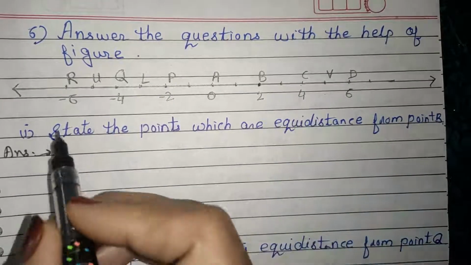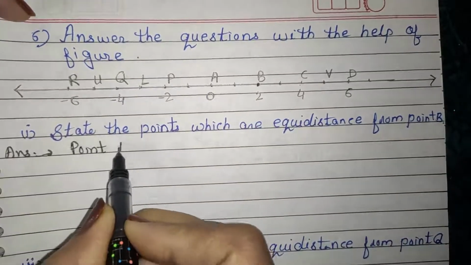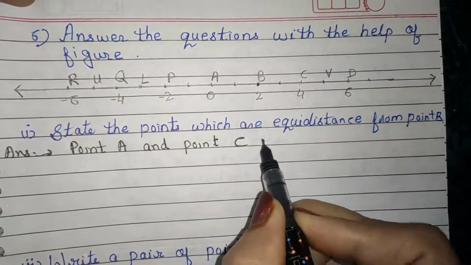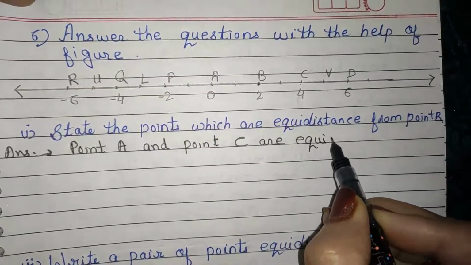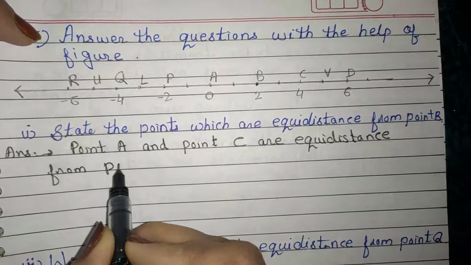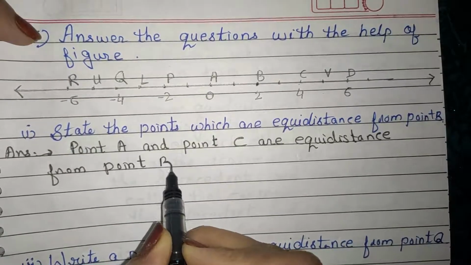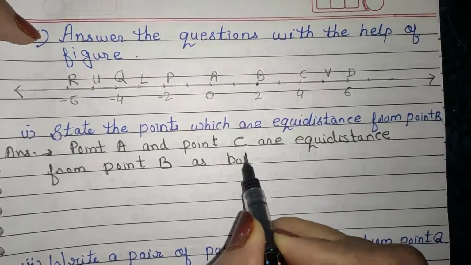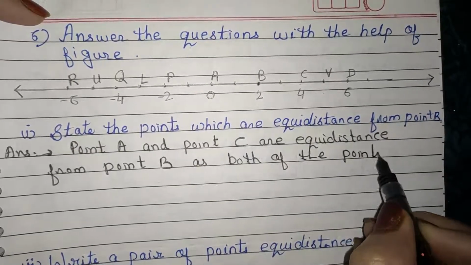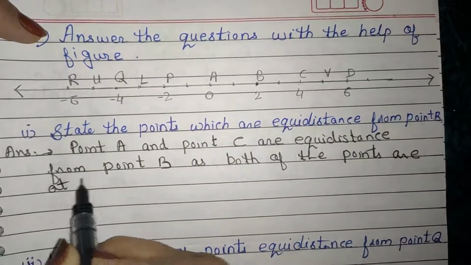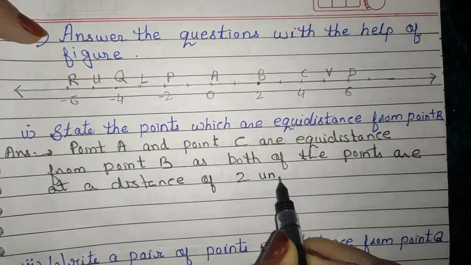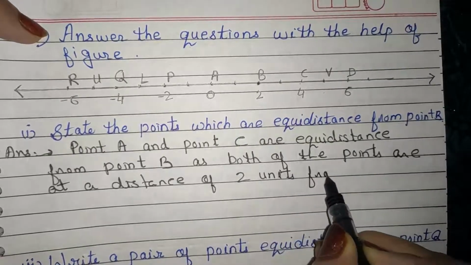Point A and point C are equidistant from point B as both of the points are at a distance of 2 units from B.